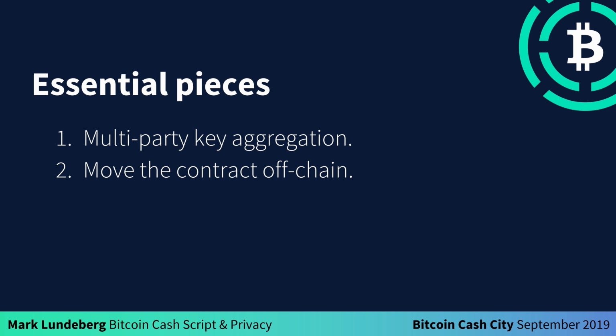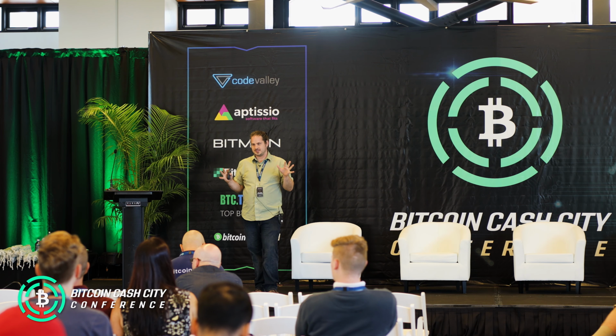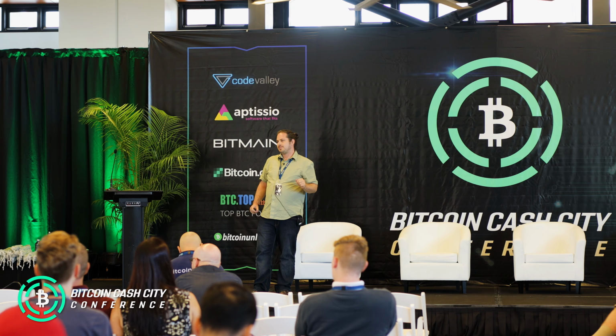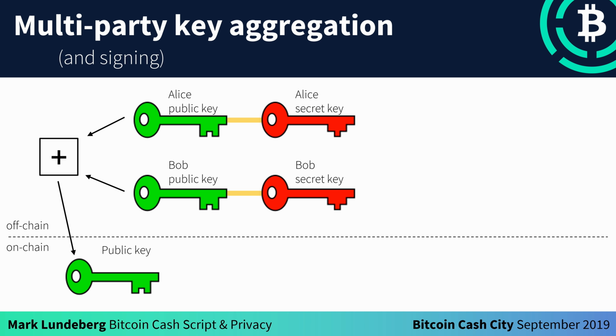So there are two essential pieces. You need to be able to do multi-party key aggregation. So you need a public key that belongs to multiple parties for this pay-to-public key hash address. And then you need to move the smart contract off the chain. I'm just going to go into detail about those two pieces. So the key aggregation, the idea is you want to make a single public key that actually belongs to multiple people, which sounds kind of weird.